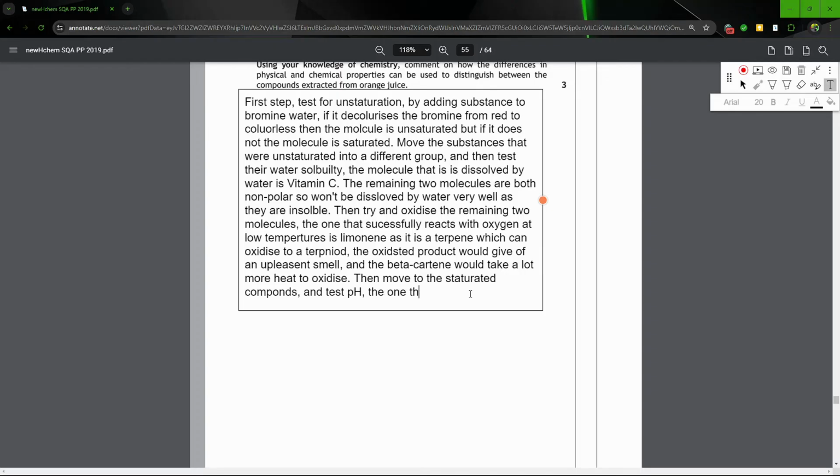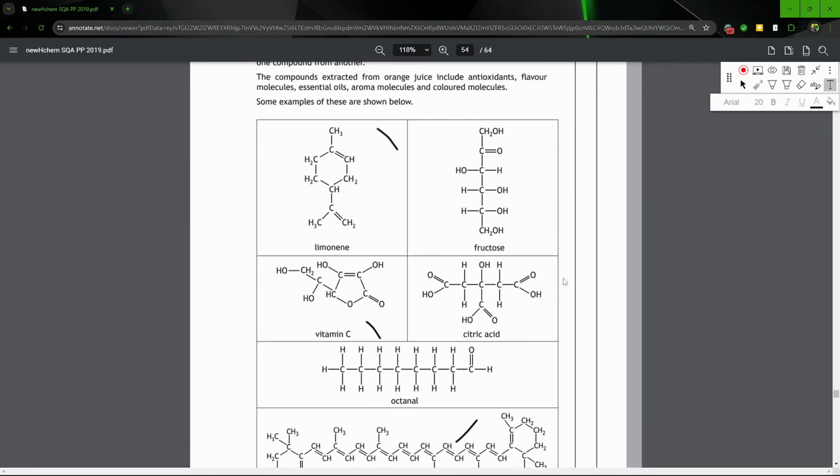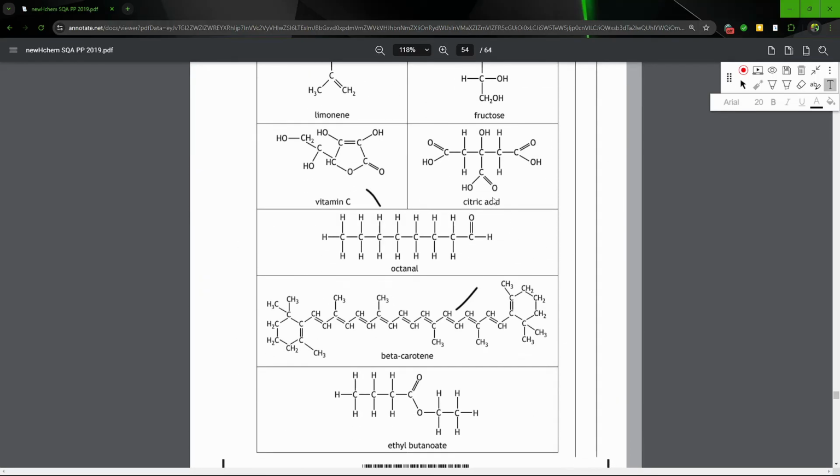The one that has a pH lower than 7 is going to be citric acid, as it has lots of carboxyl groups that release hydrogen ions. There we go. So now we've got citric acid out of the way.